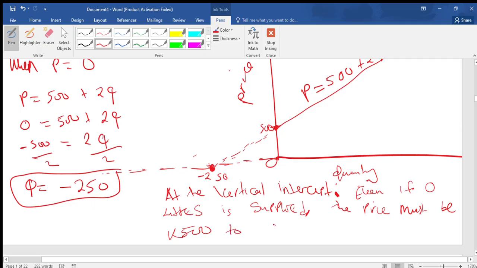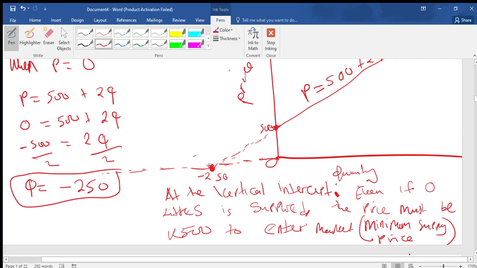You can't enter the market with nothing. At least you have to enter the market with 500 kwacha. In actual sense, this is the minimum supply price. Anything less than that, supply will not happen. That's what the vertical intercept means.